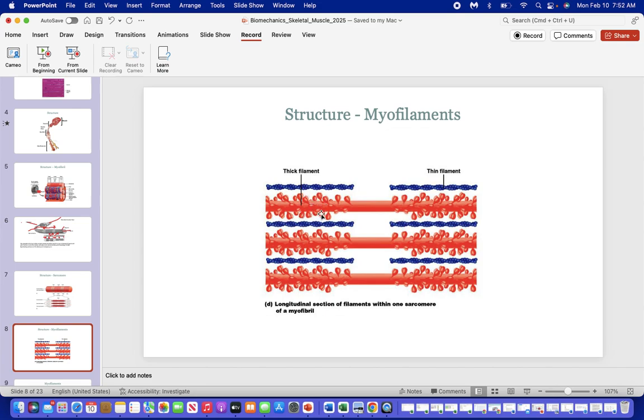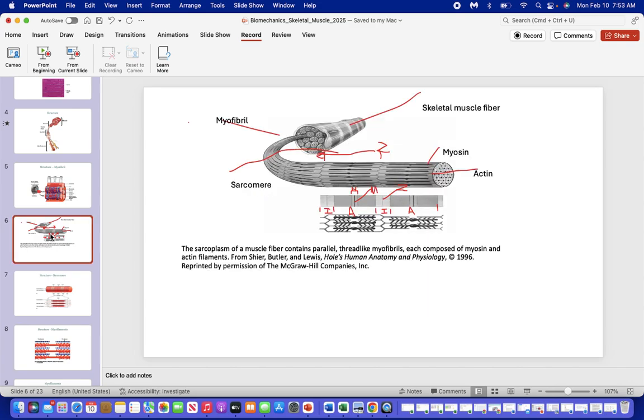Then there are protruding heads on the myosin filaments. These form cross bridges, and they bind to the actin filaments and ATP, which is an energy transport molecule. These thin filaments here, the actin, have myosin binding sites. All right, so I'm going to flip back to this one for a sec.